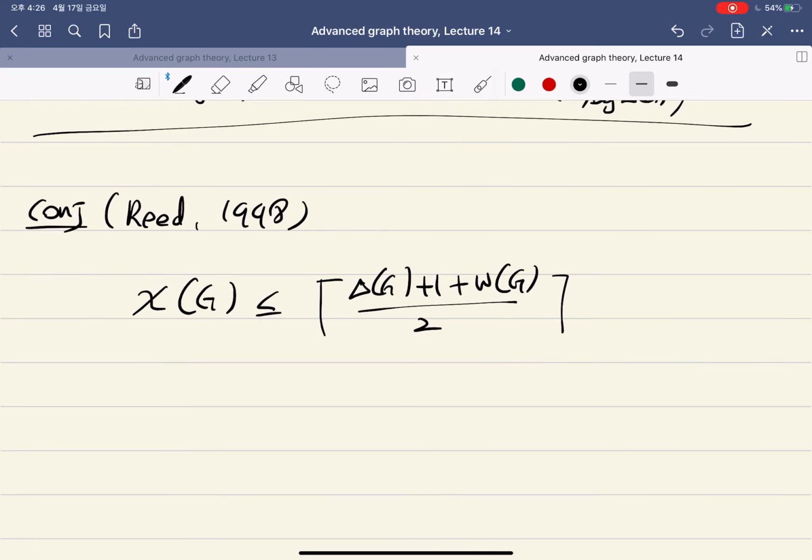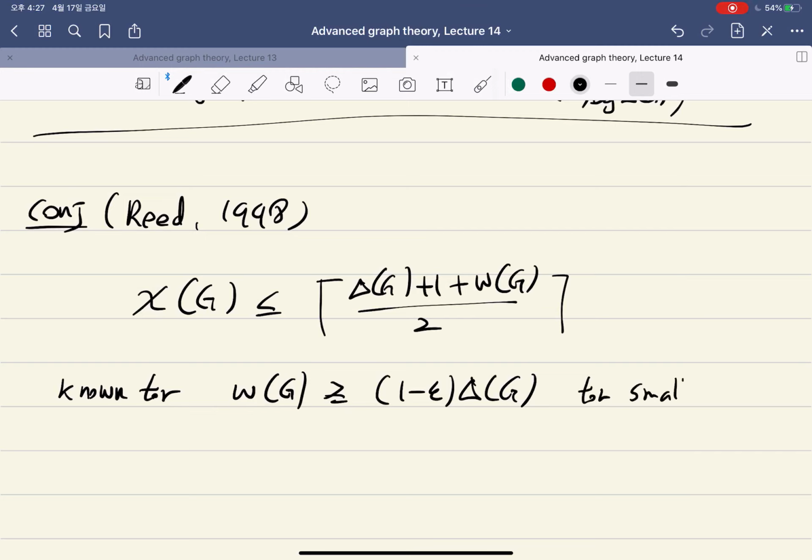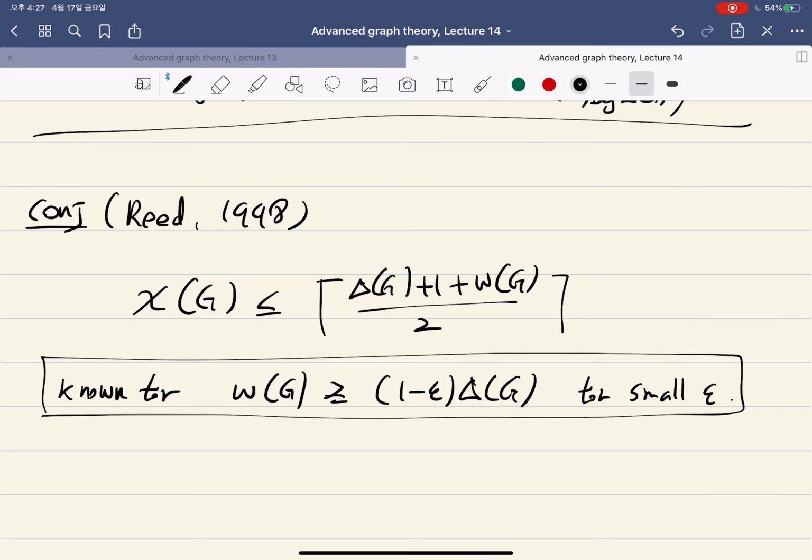This is known for the case where the chromatic number is very close to the maximum degree, for small epsilon. But the general case is still open.